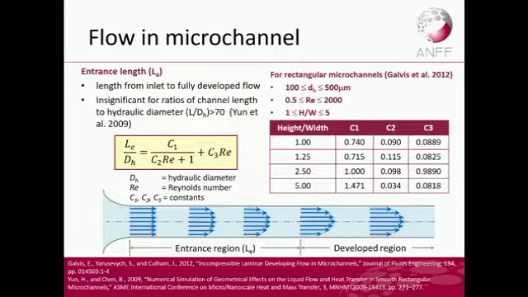However, if your device for some reason needs to work over a very short distance, then any entrance or rapid change, or entrance into a turn, becomes significant. So that's where you would want to work out the entrance length. Here is just an example of a study for these conditions, where you can use these constants to work out the entrance length.